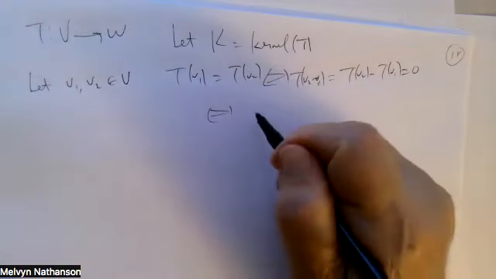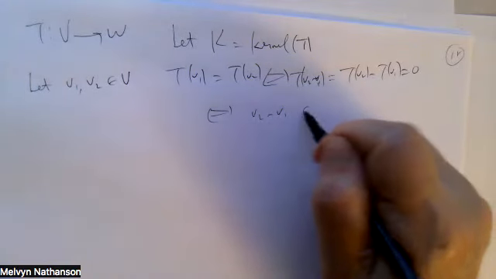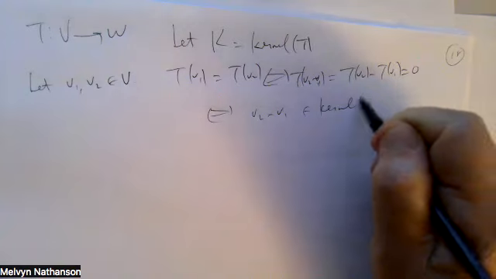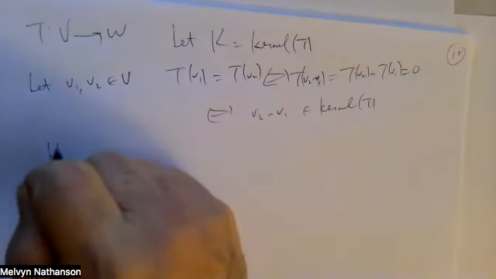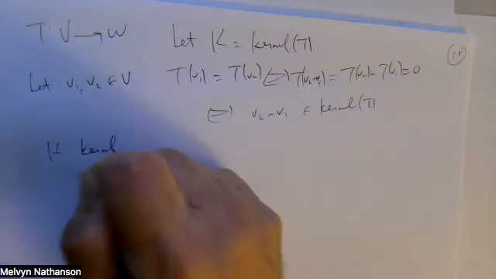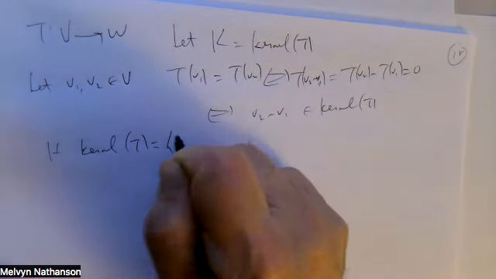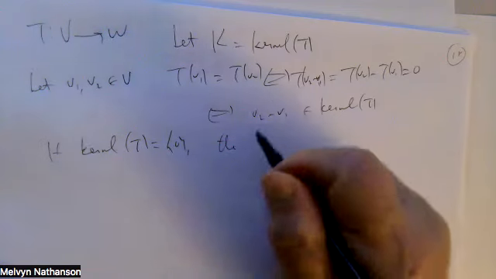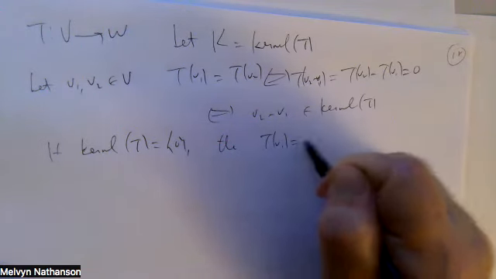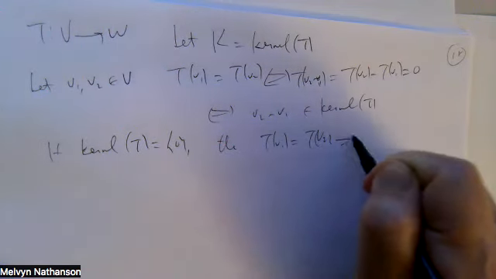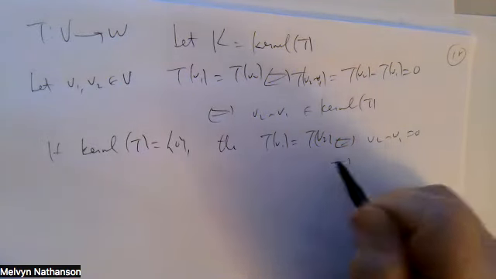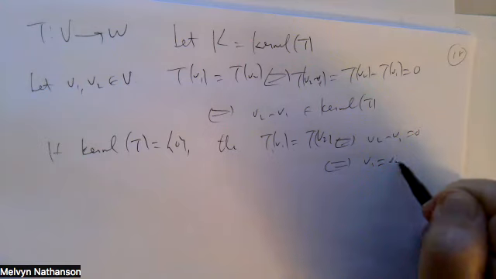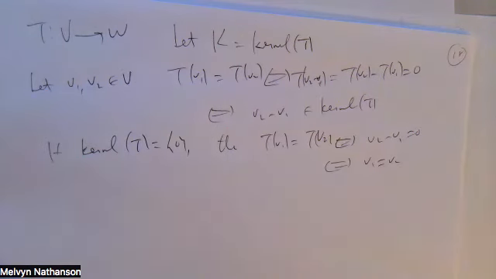So if and only if v2 minus v1 is in the kernel of T. So if the kernel of T is just the 0 vector, then T of v1 equals T of v2 if and only if v2 minus v1 is 0, or if and only if v1 equals v2.